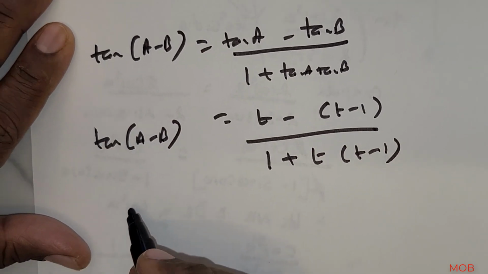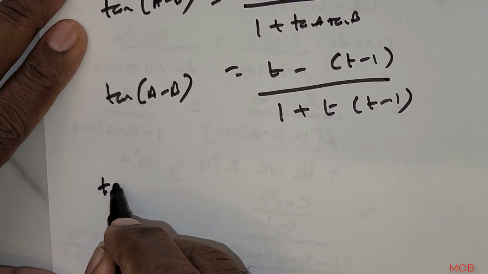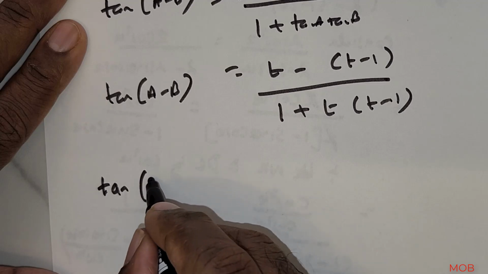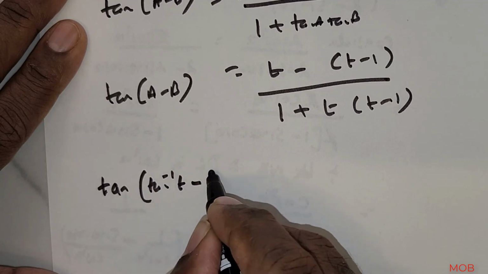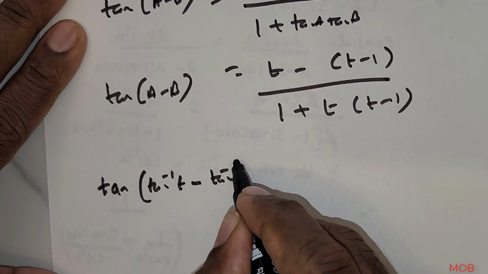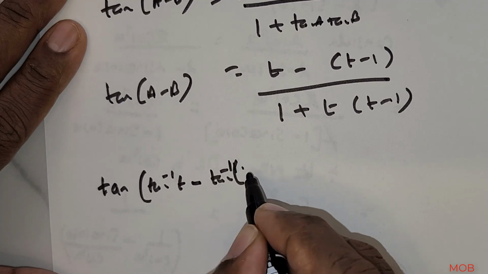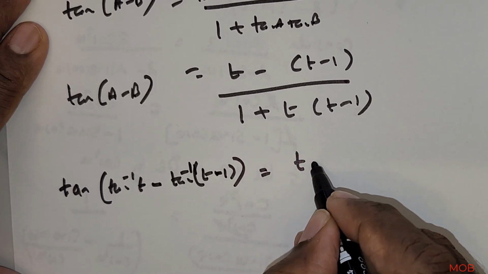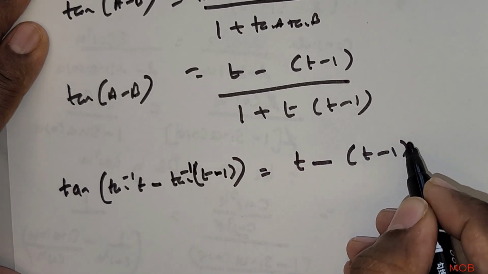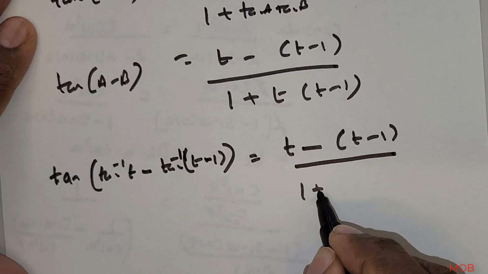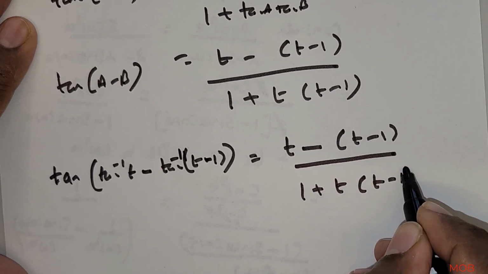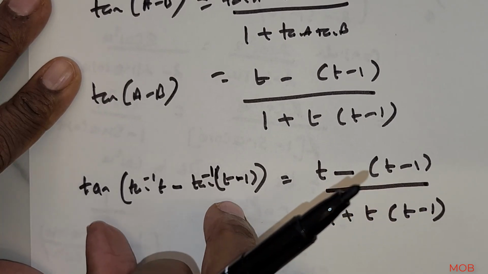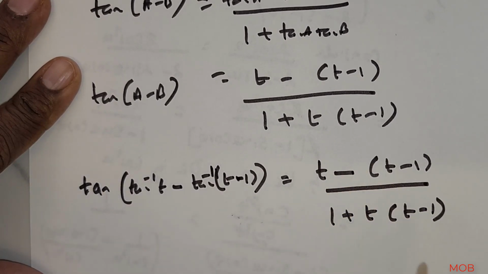Now I can make the substitution for tan of a and b. So that's going to be tan inverse of t followed by tan inverse of t negative 1. So this is what I've got. This is equal to t negative 1 divided by 1 positive t times t negative 1. Now instead of this, I can add this, isn't it?